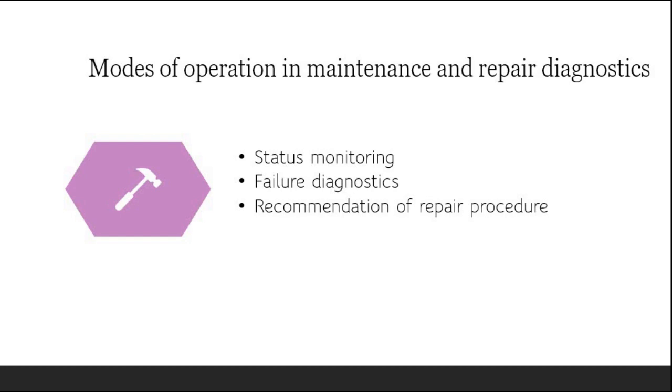It refers to the capabilities of the automated system to assist in identifying the source of potential or actual malfunctions and failures of the system. These three modes, status monitoring, failure diagnostics, and recommendation of repair procedure, are typical of a modern maintenance and repair diagnostics subsystem.